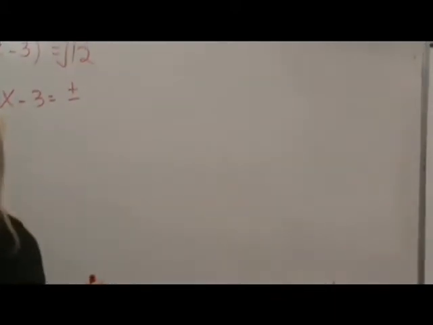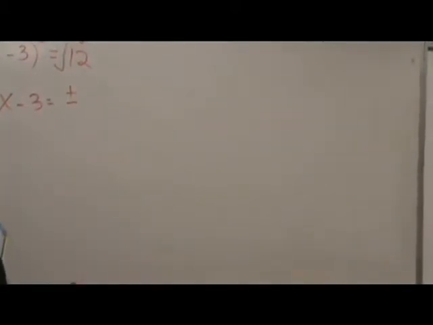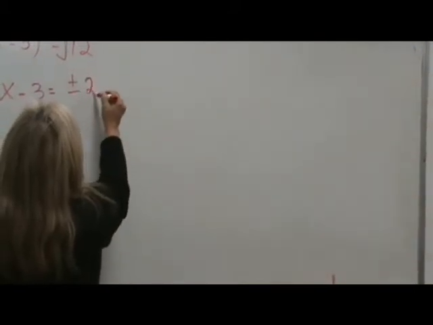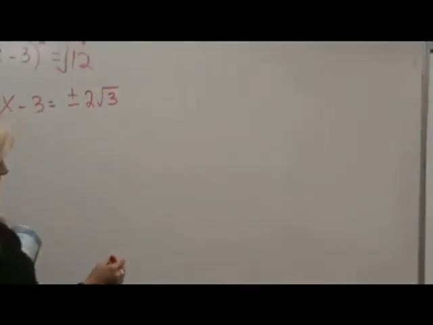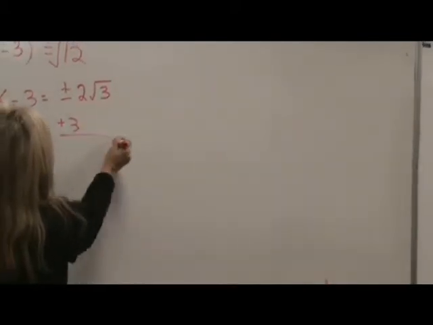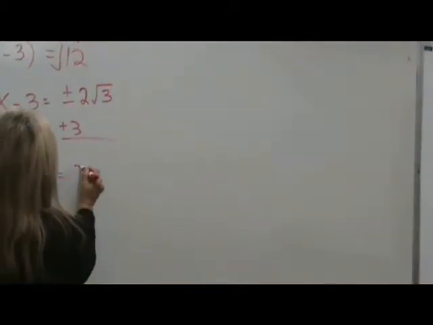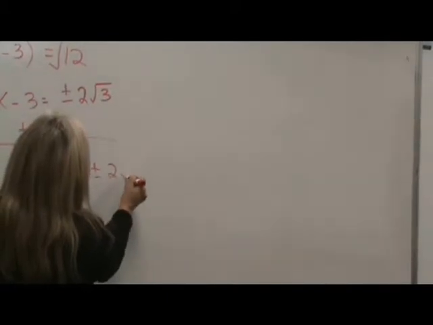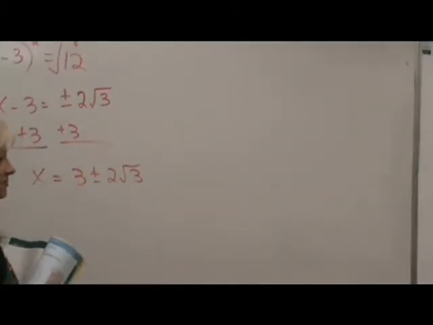The square root of 12 is the square root of 4 times 3, so I can take out a 2 and have the square root of 3. Then I add 3 to the other side, and x equals 3 plus or minus 2 square root of 3. Okay.